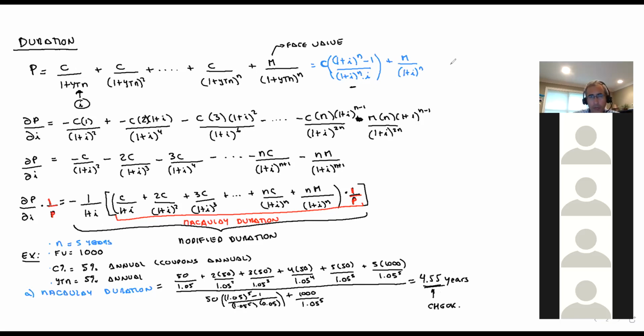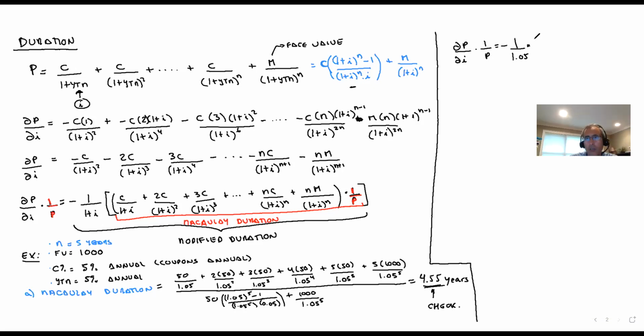Okay, now let's use the formula. Let's use this formula here. So I have dP, the derivative of P, the change of P with respect to the change in I, times 1 over P, equals 1 over 1.05 multiplied by the number that we got, right? 4.55.